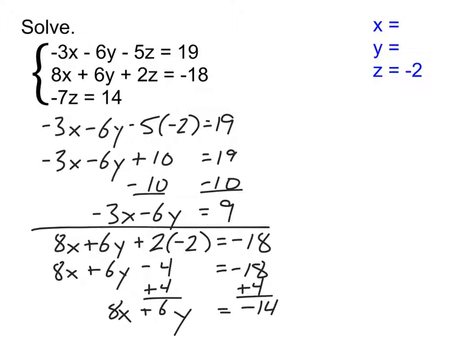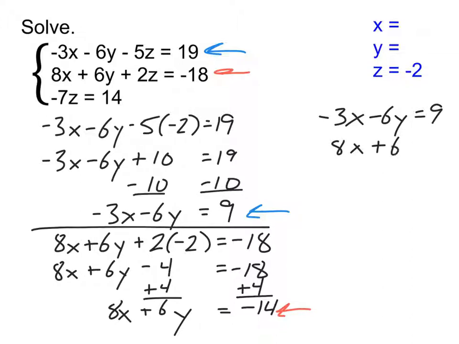And so the reason why I did all of that work was to make the first equation and my second equation here, which used to have the z's in them, look a lot simpler. So now notice they both are equations that are just in terms of x and y. So I've basically created for myself a new system, negative 3x minus 6y equals 9, and 8x plus 6y equals negative 14.